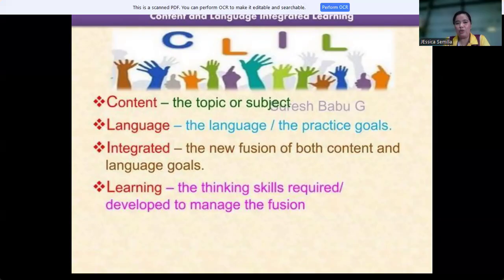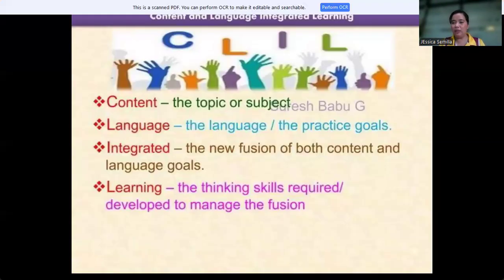And then after that, you try to use the language focus for the practice goals, giving the use of content within the language teaching classroom. And then integrated meaning the fusion or combination of both content and language goals. And then therefore, the fusion of content and language being integrative in the language classroom. Therefore, there is a thinking of and developing the language learning within the classroom. So once again, that is CLIL.